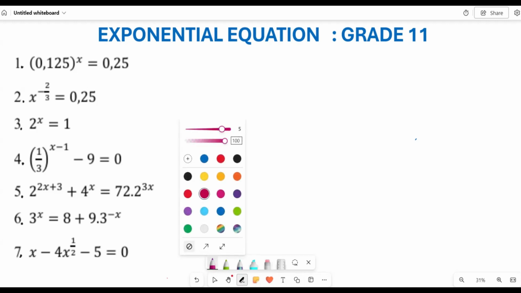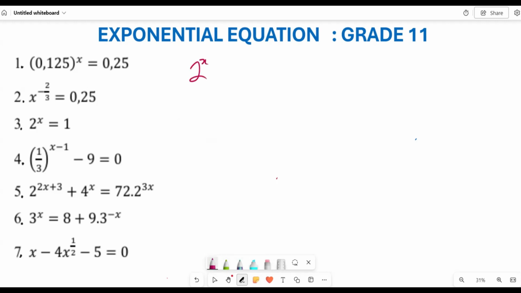In number 3, you are given 2 to the power of x equals 1. We know from the law of exponents that I can write my 1 as 2 to the power of 0, because 2 to the power of 0 still gives me 1. The reason I want to do that is to end up with the same bases.